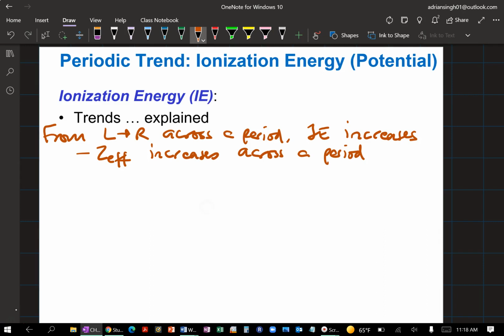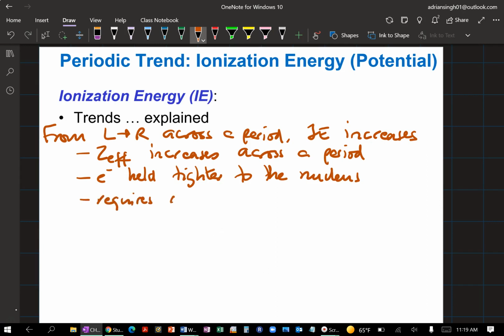And what that means is as you go across the period, the electrons, those valence electrons, are held tighter to the nucleus. And if they're held tighter to the nucleus, it requires more energy to remove them. Right? That just makes sense. And as a result, the ionization energy going across the period increases.